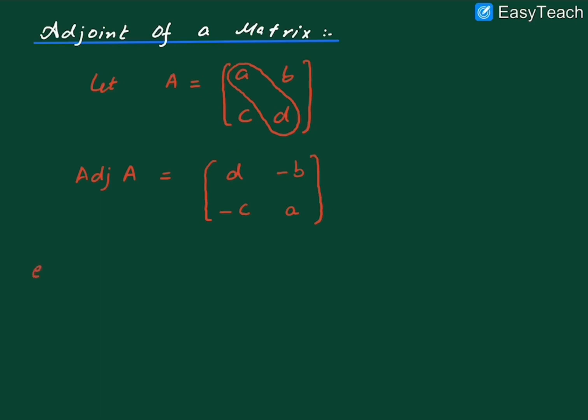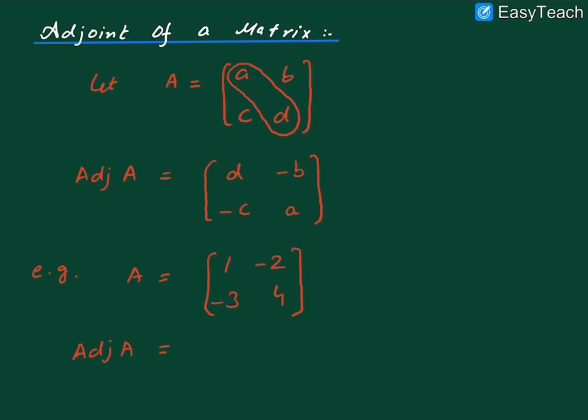For example, A = [[1, 2], [3, 4]]. Then the adjoint of A will be equal to [[4, -2], [-3, 1]].